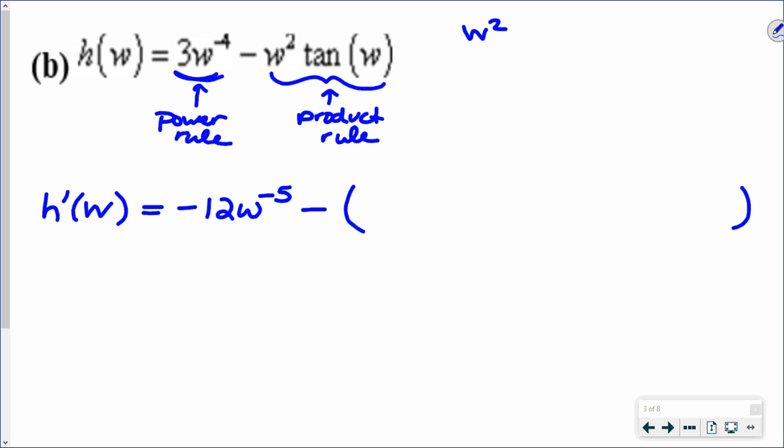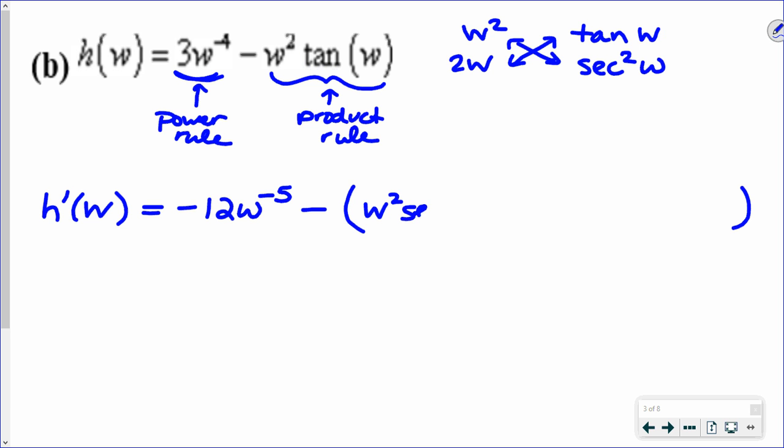This is where we'll write the 2 functions separately, and find the derivatives of each underneath. So derivative of w squared is 2w. Derivative of tangent, we now know, is secant squared of w. And then you can just do a little cross multiply. Okay, so we'll end up with w squared times secant squared of w plus 2w times tangent of w.